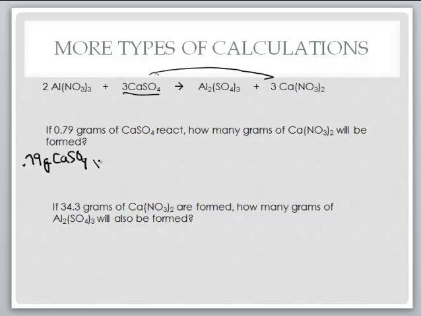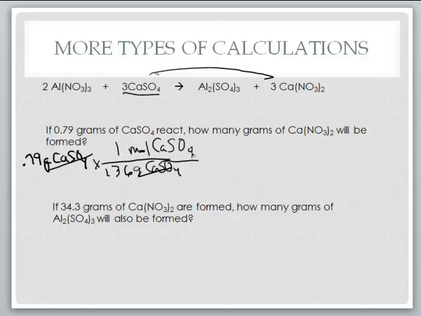So let's convert to moles first. Grams calcium sulfate to moles calcium sulfate. 1 mole, let's add up our molar mass. 40 plus 32 plus 4 times 16 gives us 136 again. Cancel the grams.